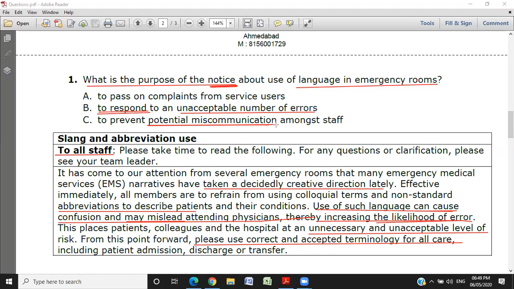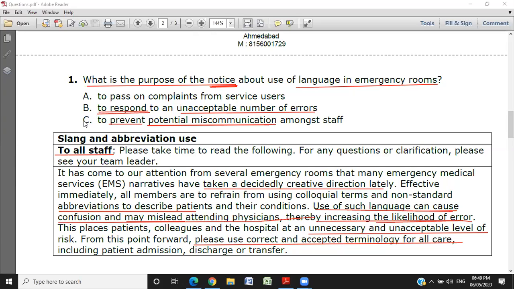That's potential miscommunication amongst staff. That is the purpose, to prevent it, because they have mentioned clearly, please use correct and accepted terminology. So to prevent miscommunication, because this kind of language can cause confusion and it may mislead the staff. So C is the correct answer here.